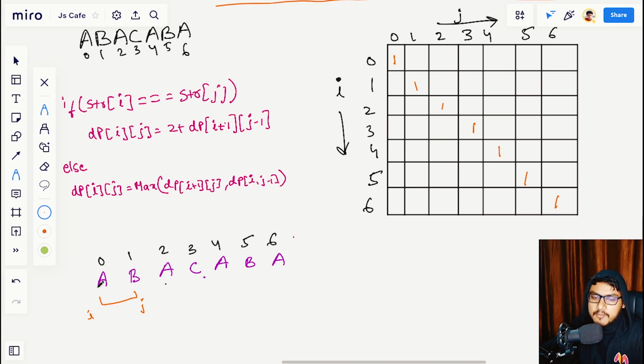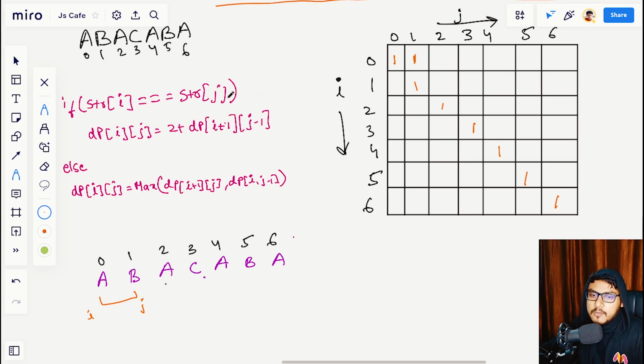We saw that if i and j are not matching, then we go from i plus 1 to j, or we go from i to j minus 1. So the maximum of these two is again 1. So while filling the table, we have to remember that if the value is not matching, then the value filled would be the maximum of these two cells.